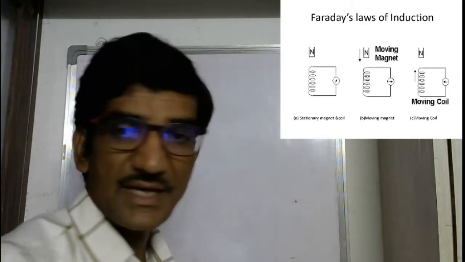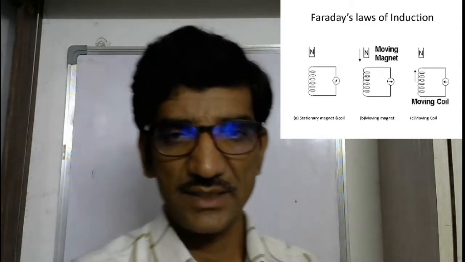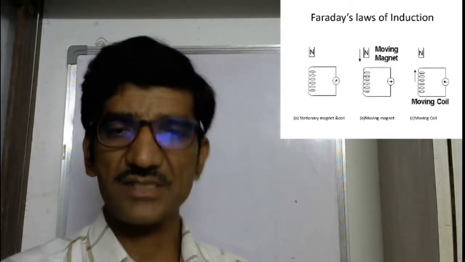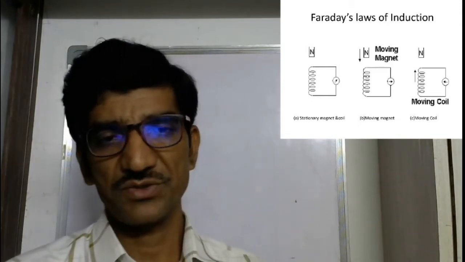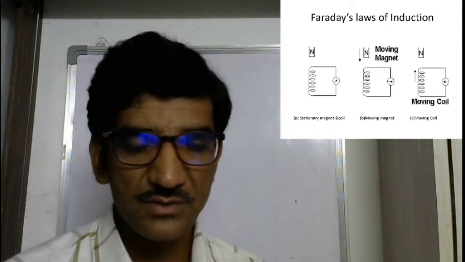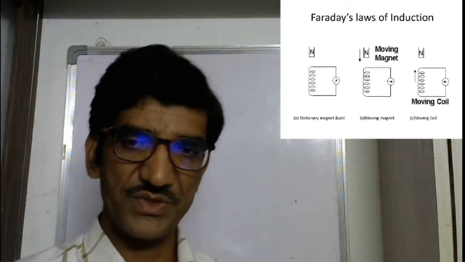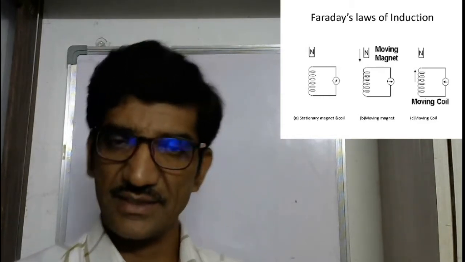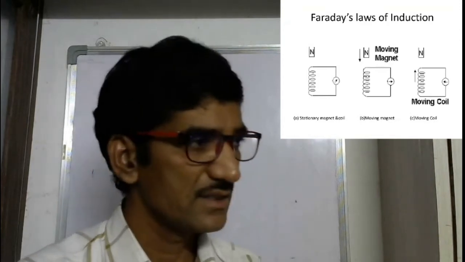In the first case, the first diagram, both the coil and the magnet are stationary. That means immediately next to that pole, you have a static magnetic field. In that case, you have no induced EMF in the coil, no induced current in the coil.